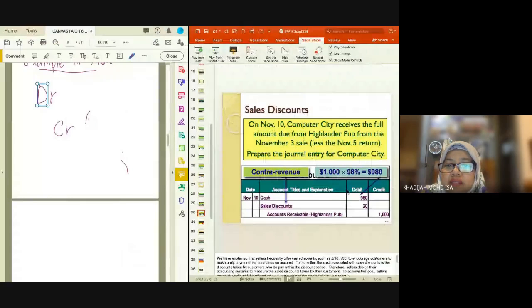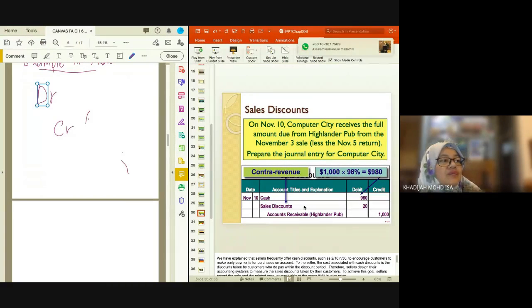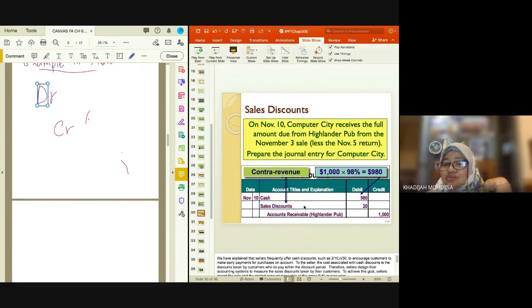And then what else? Sales discount, similar. Sales discount means that it's an expense to you. What happened is that I sell you 1,000, but I will only get back 900. So 100 is a discount. So that's an expense to you. Whenever you give discounts, that's why it's debited, because it's a contra revenue.